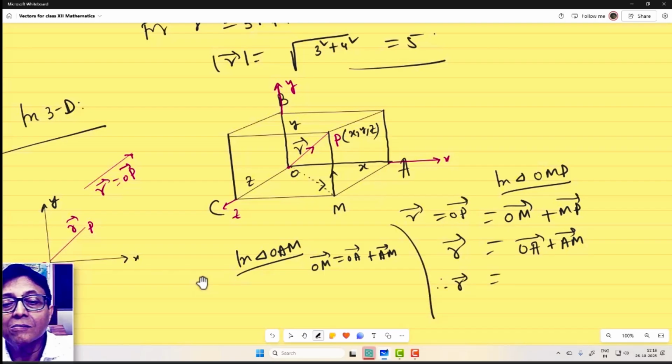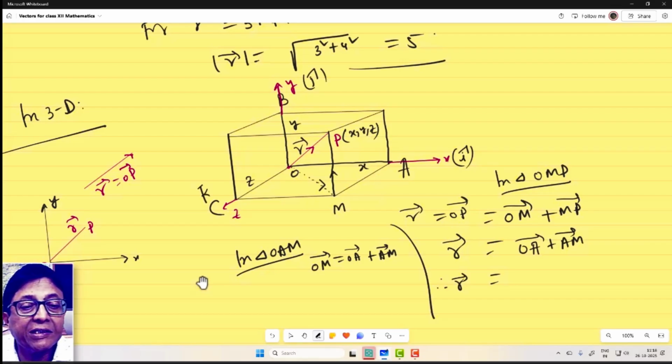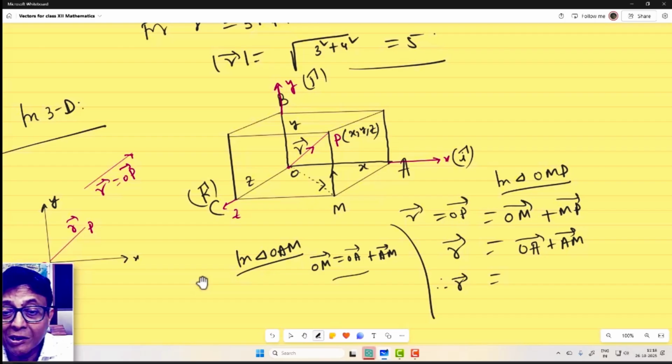Here is unit vector i cap, here j cap, and here k cap. So r equal to OA plus AM, because OM is OA plus AM, and the MP vector.